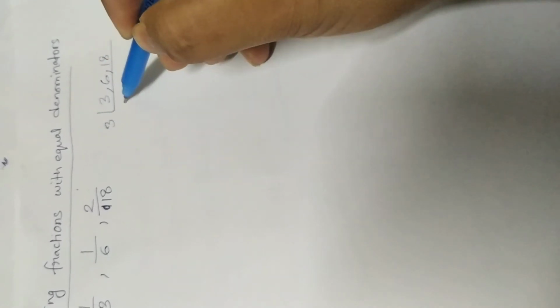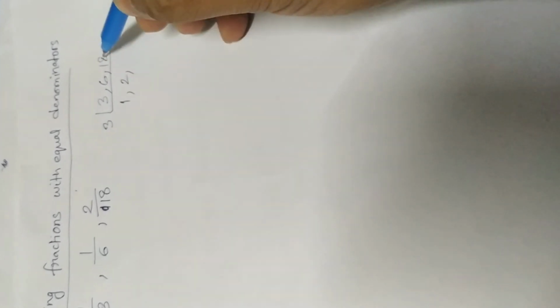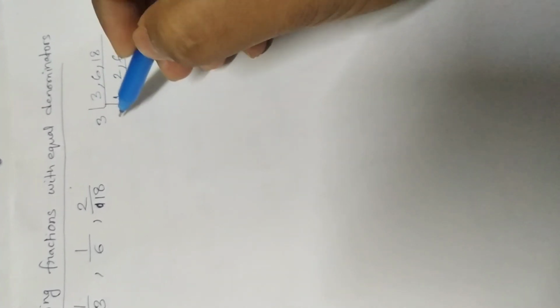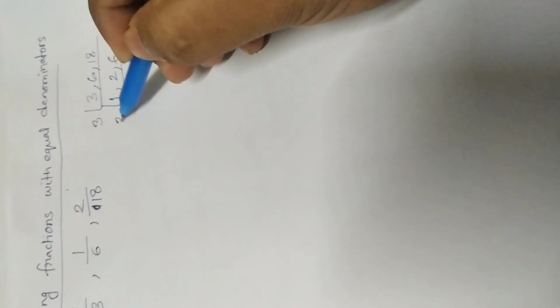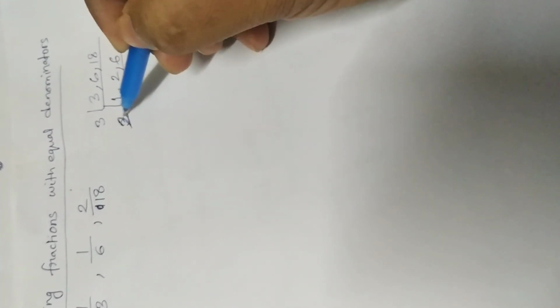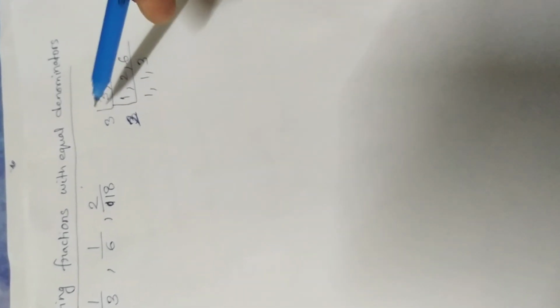So how to find the LCM? 3 1s are 3, 3 2s are 6, 3 6s are 18. Again we can divide with 2, 2 1s are 2, and 3. So we have got all prime numbers. We need to multiply all these numbers.